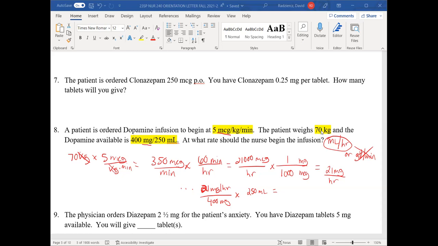You need to account for the patient's weight, so 70 times 5. Then once you get to that, you need to go through the process of converting your micrograms to milligrams, minutes to hours. And then that way you can compare it to the milligrams per milliliter. But because I know you're at North, let me show you, we'll just call it the North way.